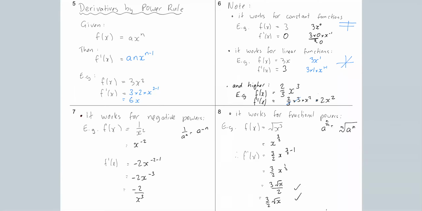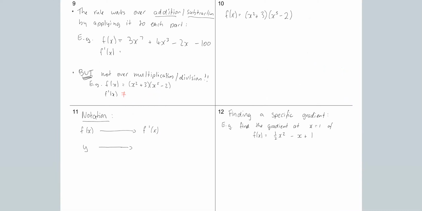So if we have a look here, in the top left-hand slide, I'm just pointing out that the rule works if you've got it broken into different parts as well. So basically a whole polynomial. So you've got 3x to the 7 plus 4x cubed minus 2. So all you do is you apply the power rule to each part, like so. So if I color code it a little bit, this would become, well, 3 7s are 21, and then x to the power of 6.